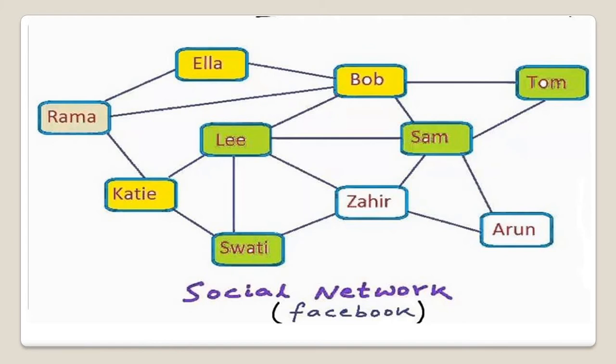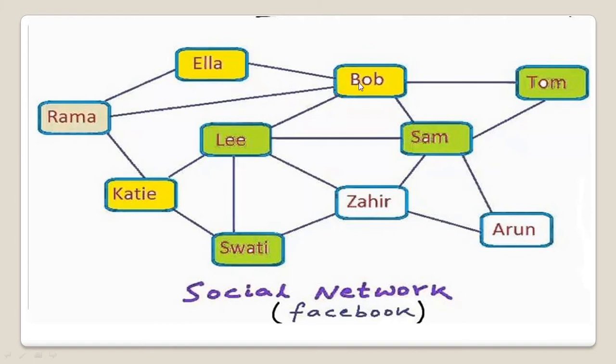For example, in Facebook, each person is represented with a vertex, that is we are going to call a node. Each node is a structure and contains information like person ID, name, gender, location, locale, etc. So this is the simple example we have taken for Facebook, like consider Rama, Lee, Katy, Swati, Zahir, Sam, Arun, Tom, Bob.